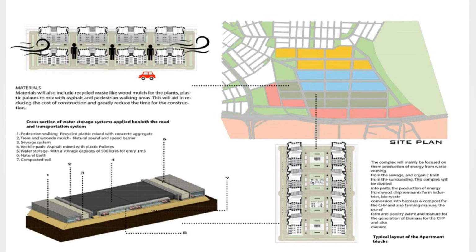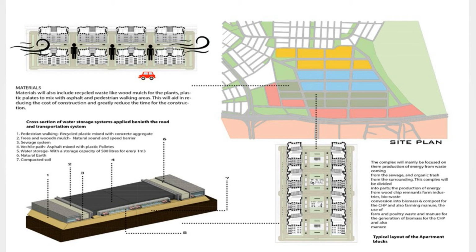So on the right side, you will see just a brief site plan of my functional maps that I used. So I took one of the blocks I designed and made a brief look so that we can have a brief look at it. From the left, I'm going to start with the materials.